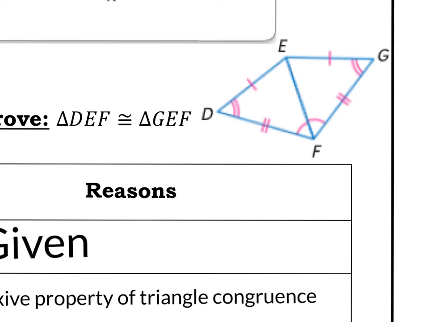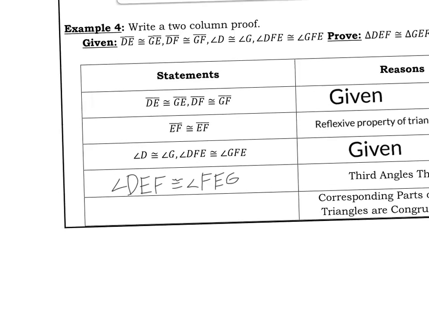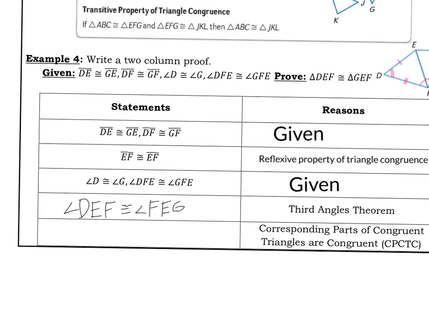It looks like the third angle is going to be, let's see here, you can call it FED or DEF. It doesn't matter as long as E is in the middle. So I'll go alphabetical. I'll say DEF is congruent to FEG. And so once again, we know that because of our third angles theorem.